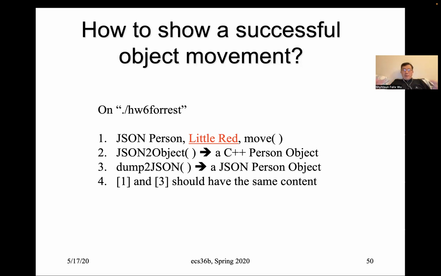But step number 3 and step number 4 just try to show that your object movement is actually correct. How do you show that? Once you have that C++ object, you call dump to JSON, which will generate JSON back. So you got the JSON, you have a C++ object, and now from that C++ you generate a JSON again.